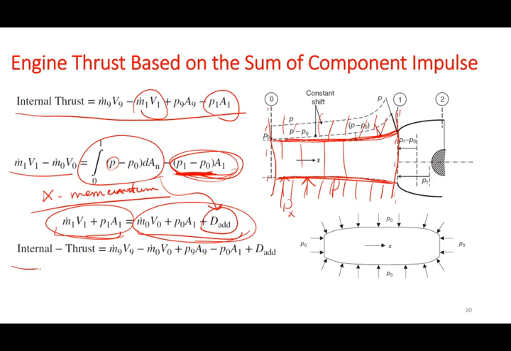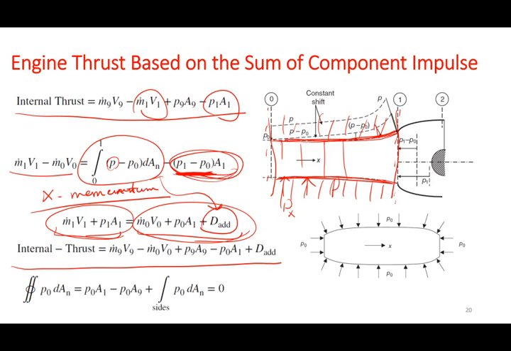So your internal thrust eventually will become this. It's going to be m.9 v9 minus m.0 v0 plus p9 a9 minus p0 a1 plus the additive drag.